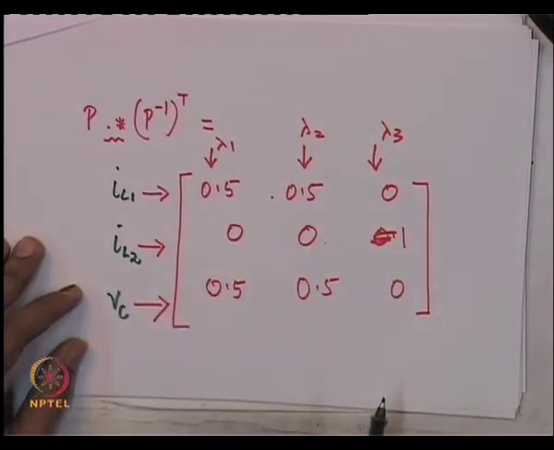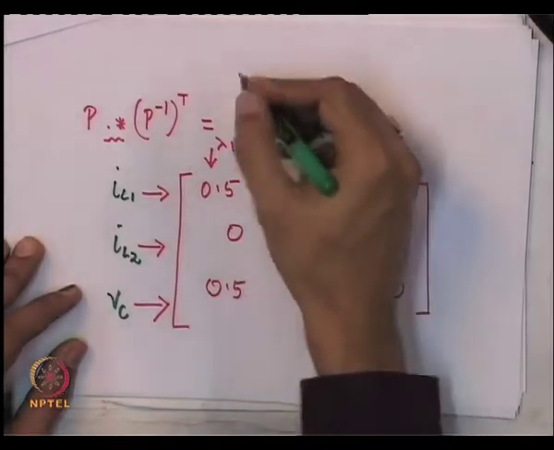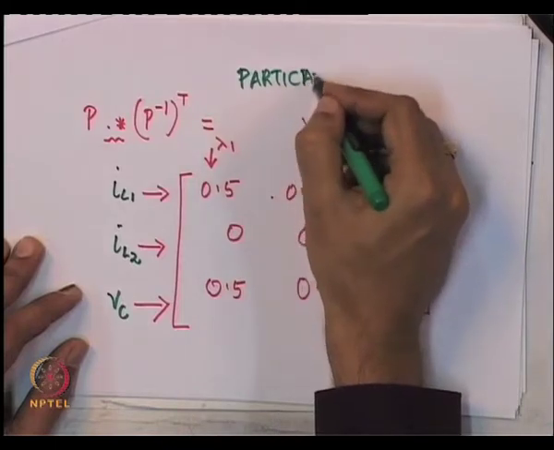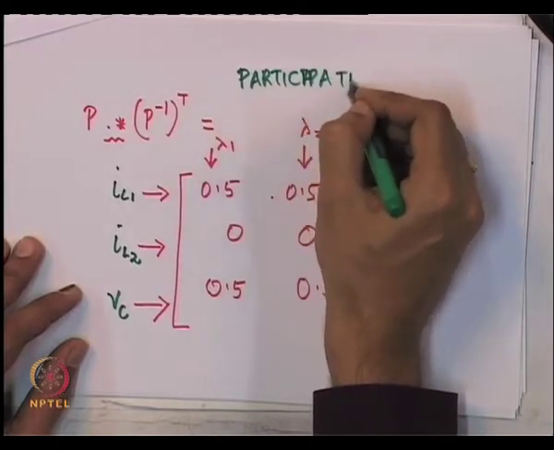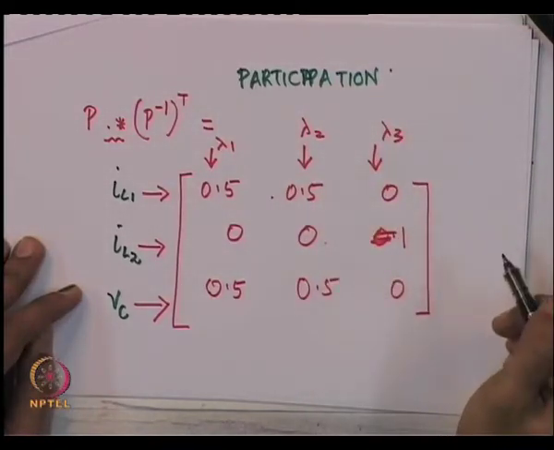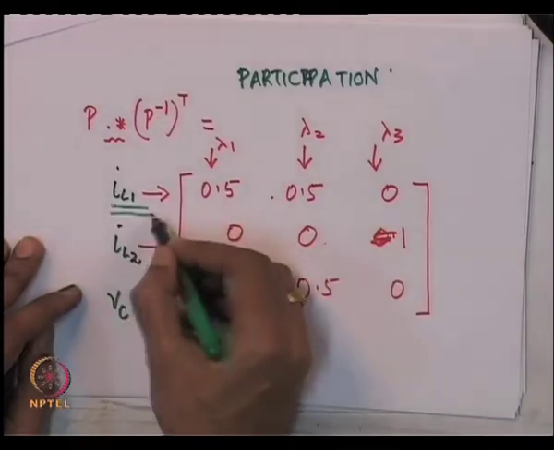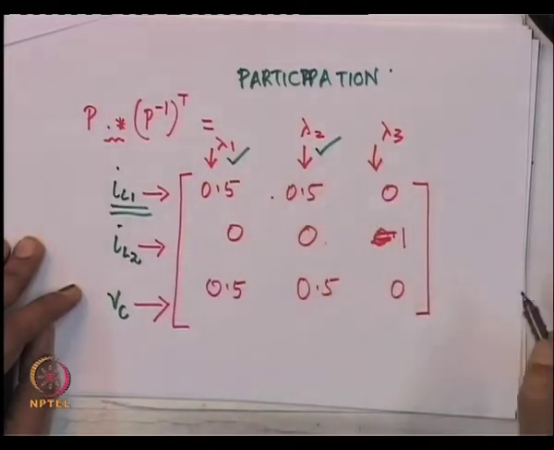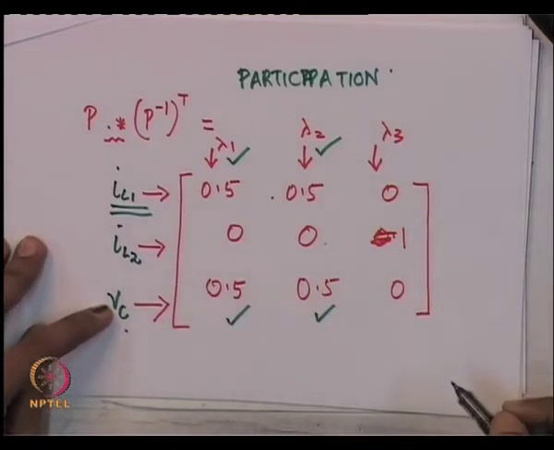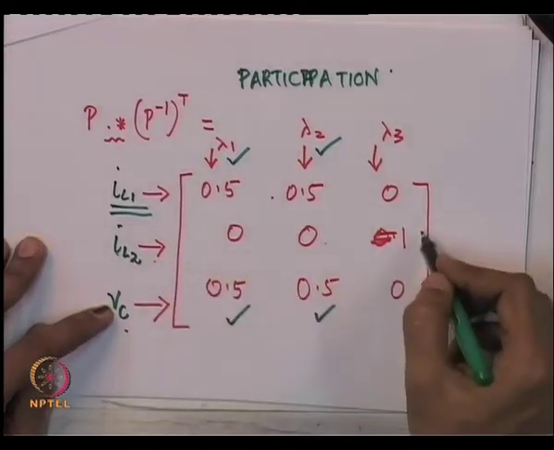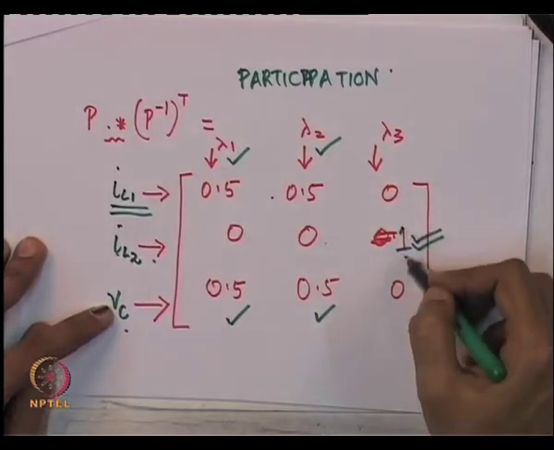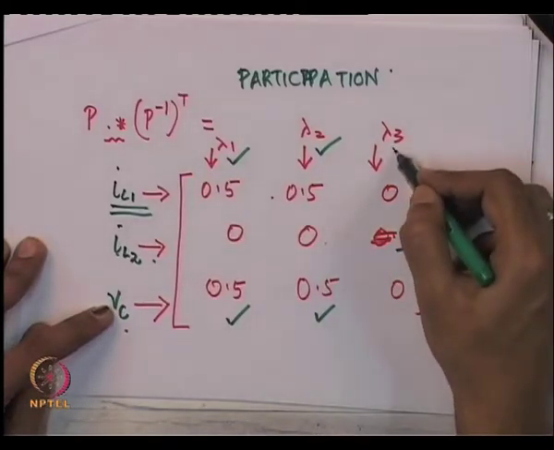What we see is that this particular thing is called a participation matrix, and it gives you the participation of a state in a mode. For example, IL 1 is associated with the complex pair of modes. VC is also associated with the complex pair of modes, and IL 2 is associated fully, it is 1, it is a normalized measure, completely associated with lambda 3.